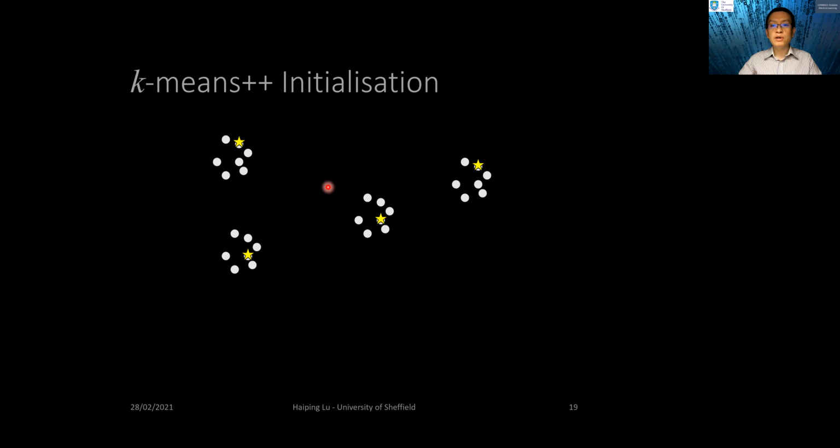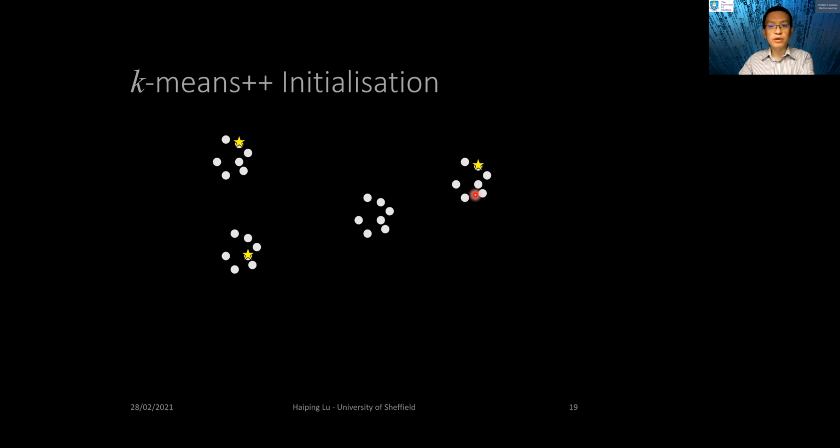And then for the fourth data point, we consider all these three current centroids. The points over here have quite a large distance from all the three centers, but these points have very small distance to the nearest centers.